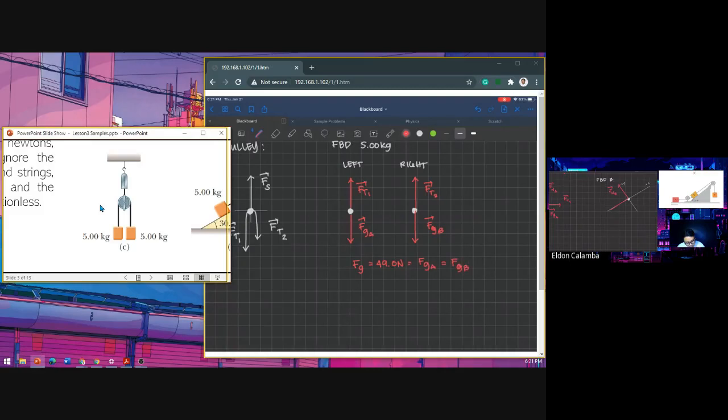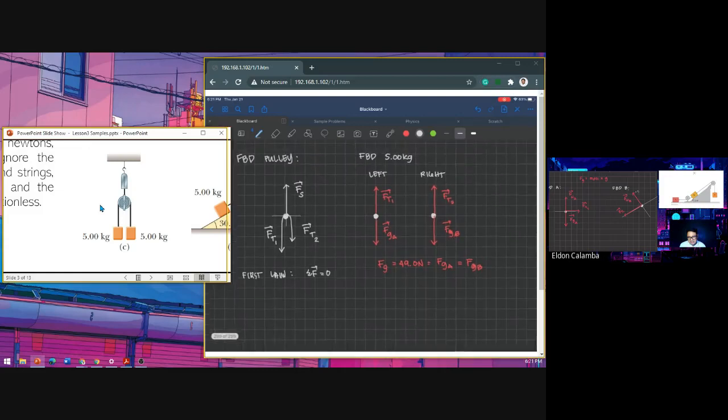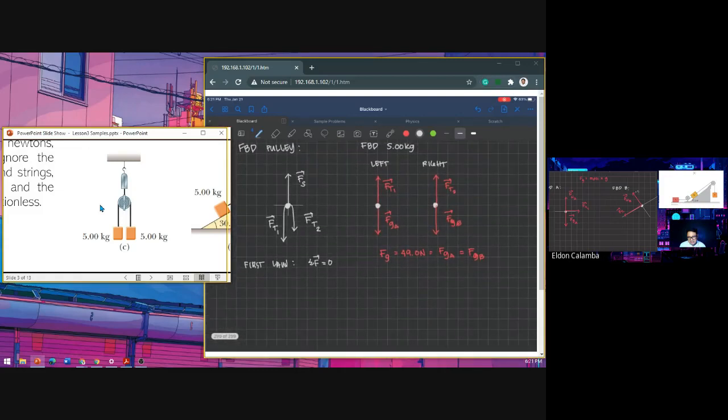Okay? So let's get FT1. So this is just again first law of motion. So summation of forces equal to 0. And then you have several free body diagrams na here. Anong gagamitin yung first? I will use muna the 5 kilograms sa left. Ayan. So summation of forces sa Y equal to 0. So I have FT1 minus FGA equal to 0.